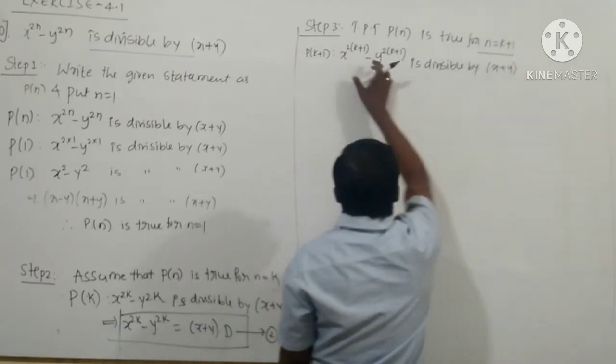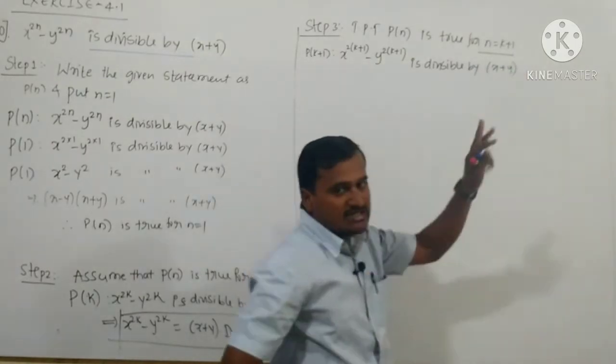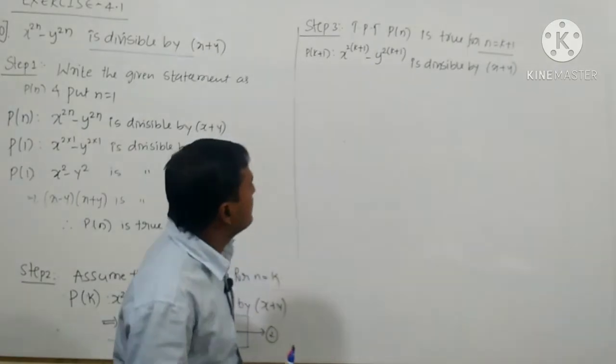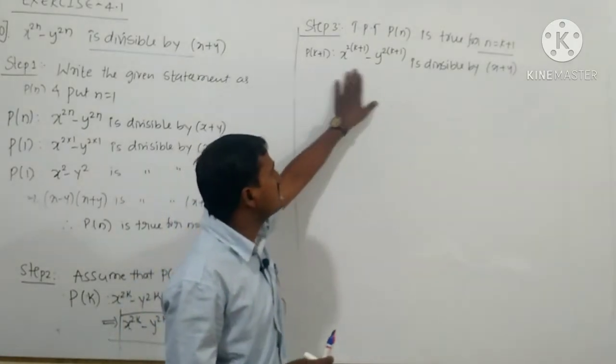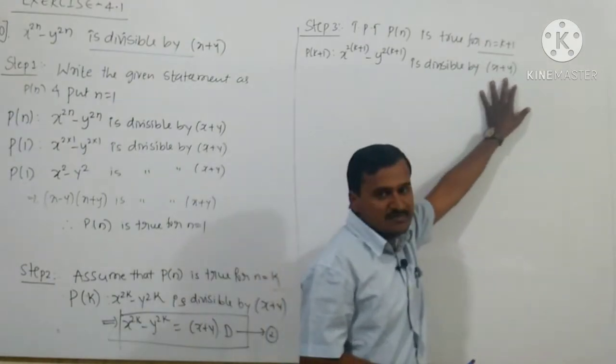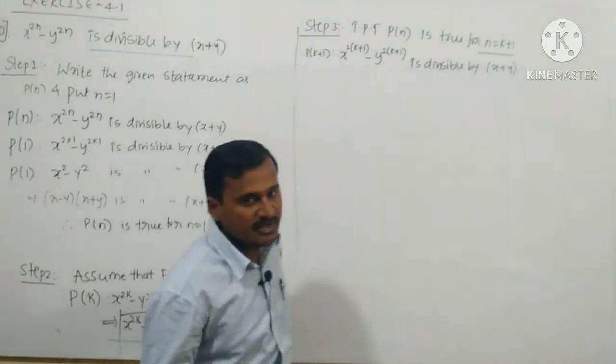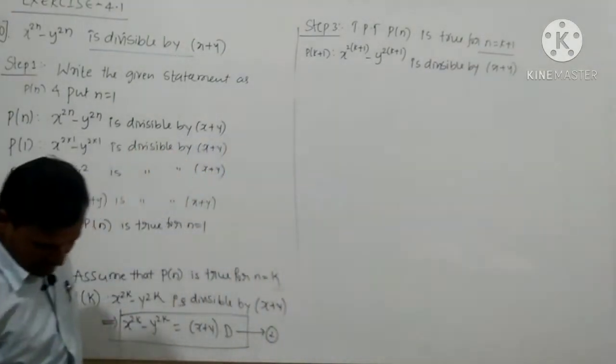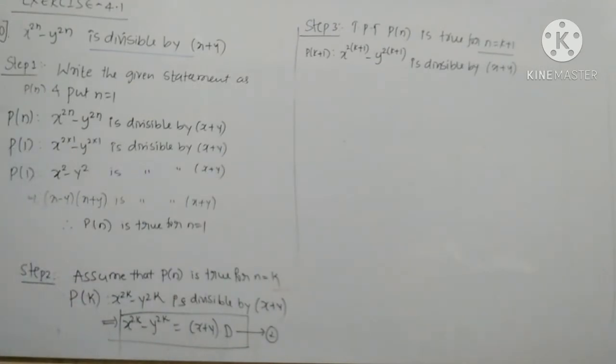So to prove that this term is divisible by x plus y, we can express this term as a product of x plus y into some integer. Okay, so for that, here what we have to do?